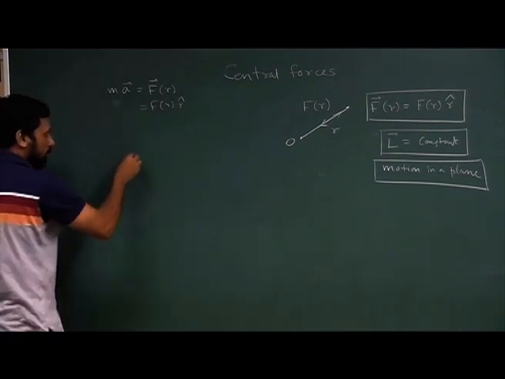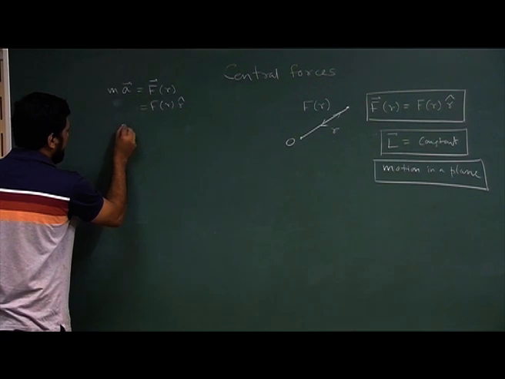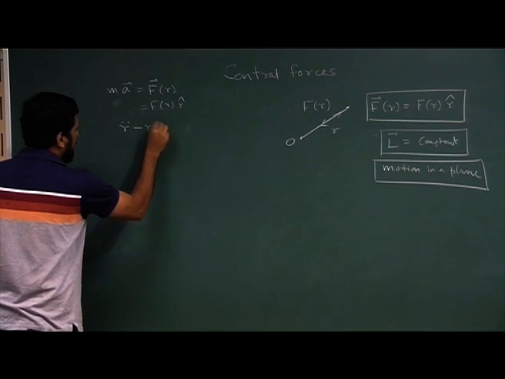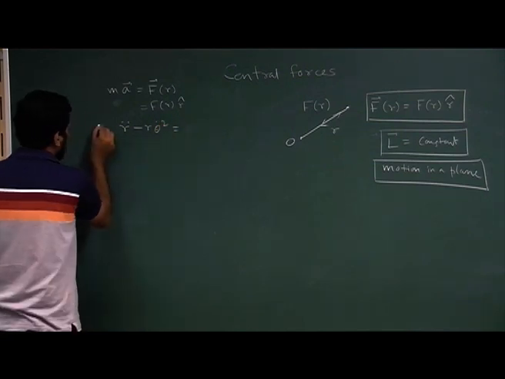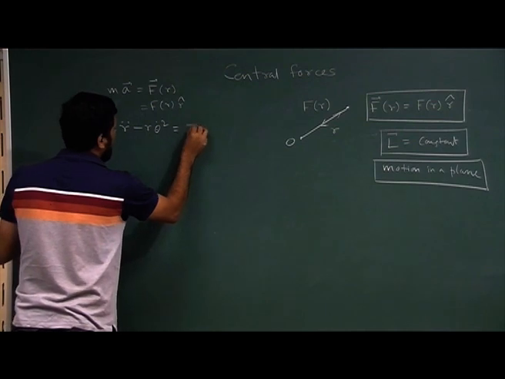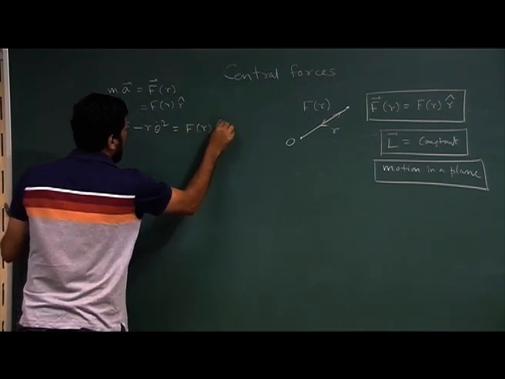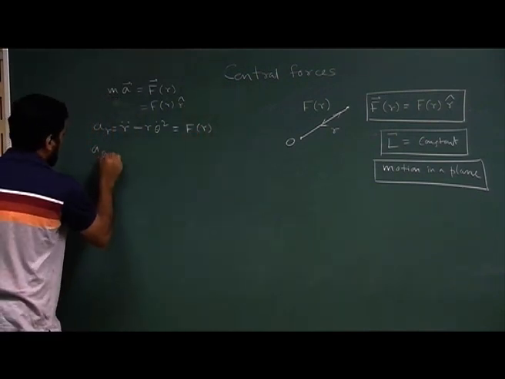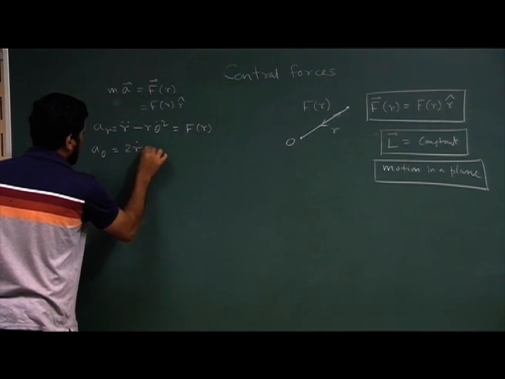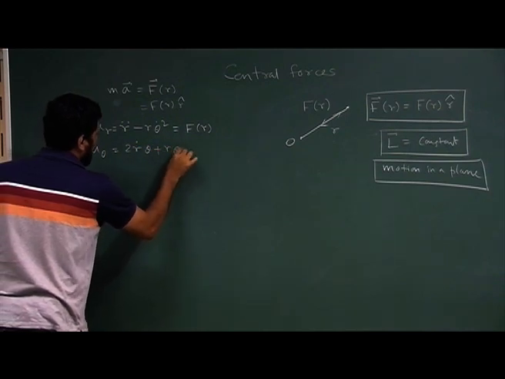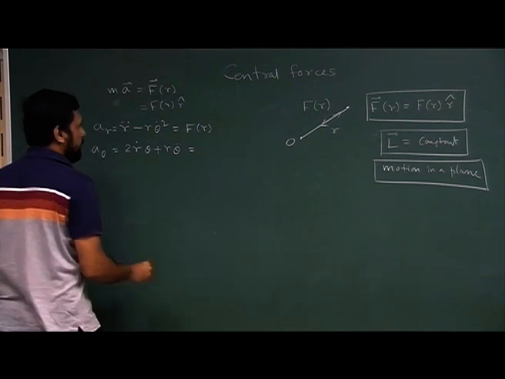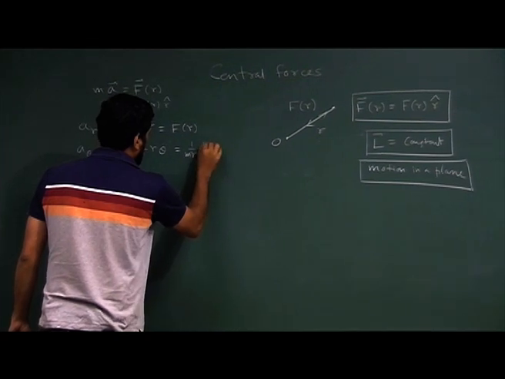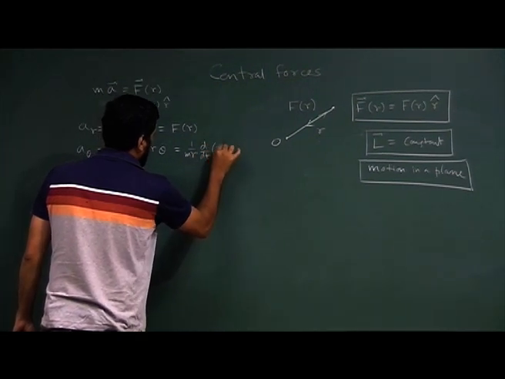If we go by the component form, we immediately see we have two equations: r double dot minus r theta dot square, which is a_r, equal to f(r)/m, and a_theta equal to 2 r dot theta dot plus r theta double dot, which can be written as 1 by m r d/dt of L.